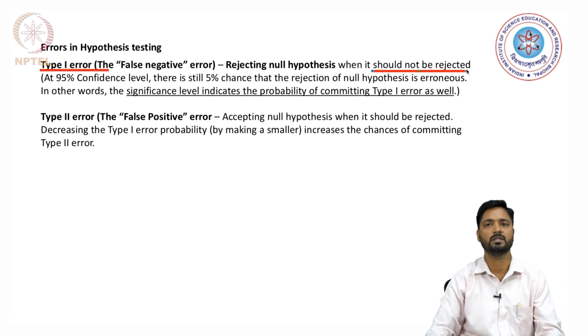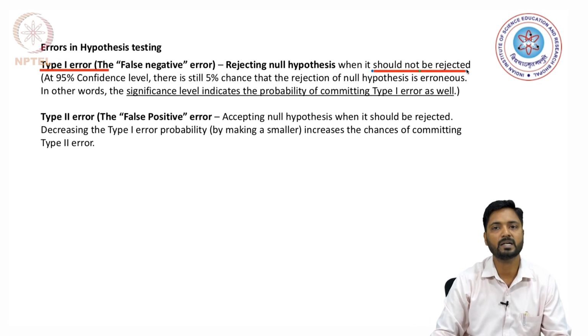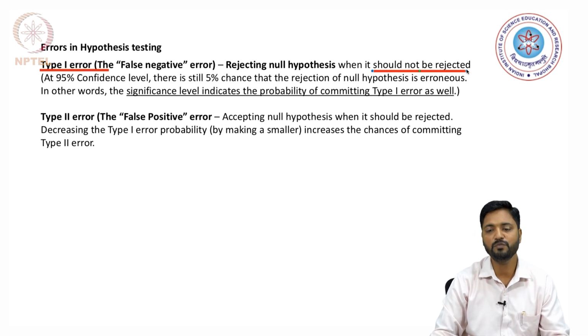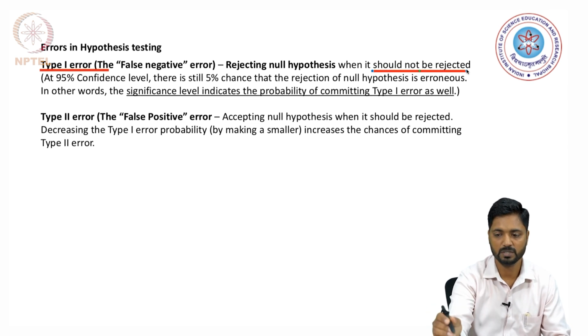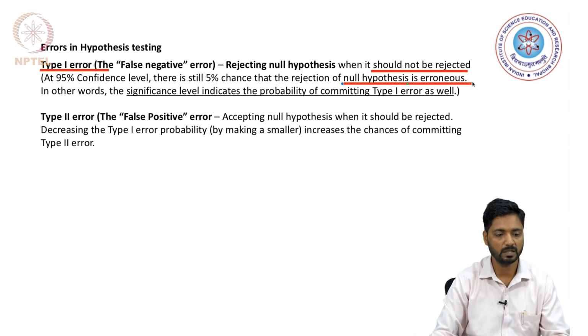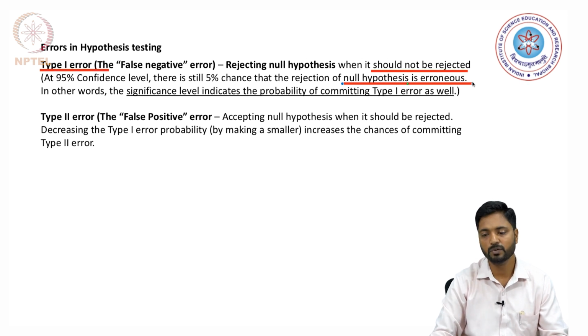be rejected. For example, at 95% confidence level, there is still a 5% chance that we will reject the null hypothesis in an erroneous fashion, or we will make an error if we reject the null hypothesis. So the significance level indicates the probability of committing the type 1 error.